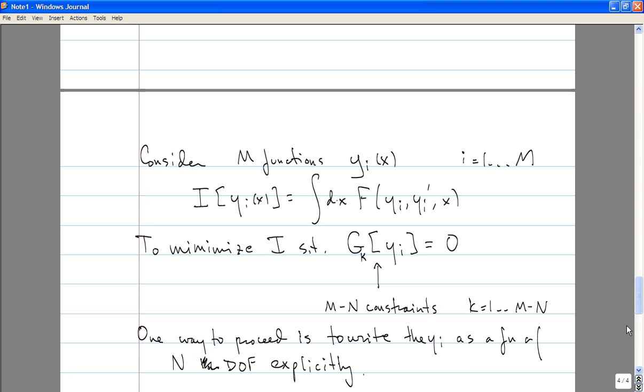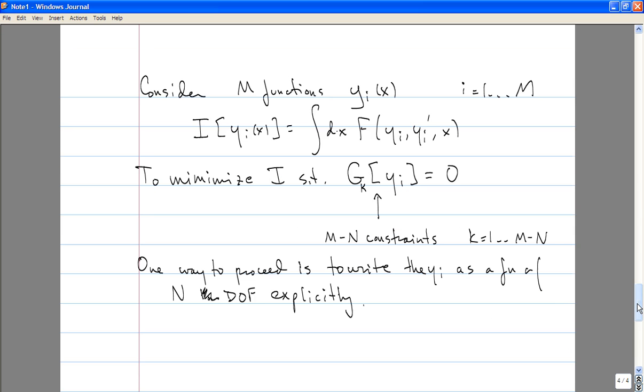But the other way to proceed, using Lagrange multipliers, is to note that the following functional needs to be minimized.